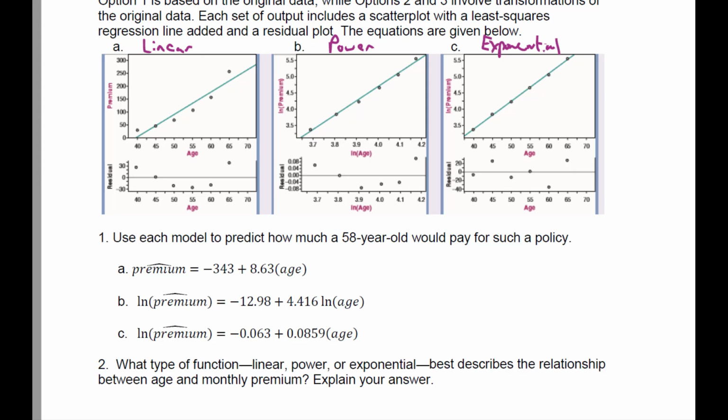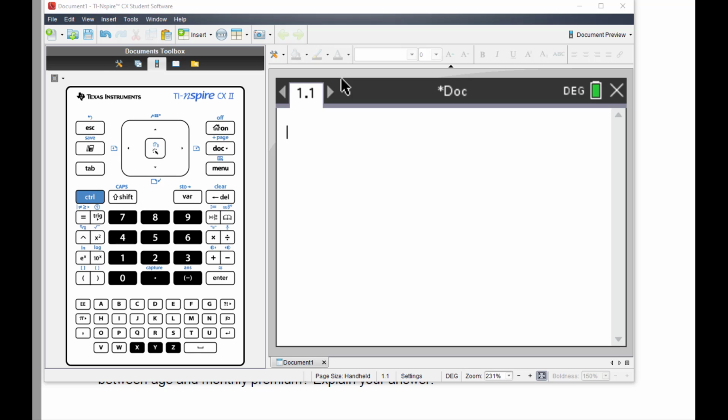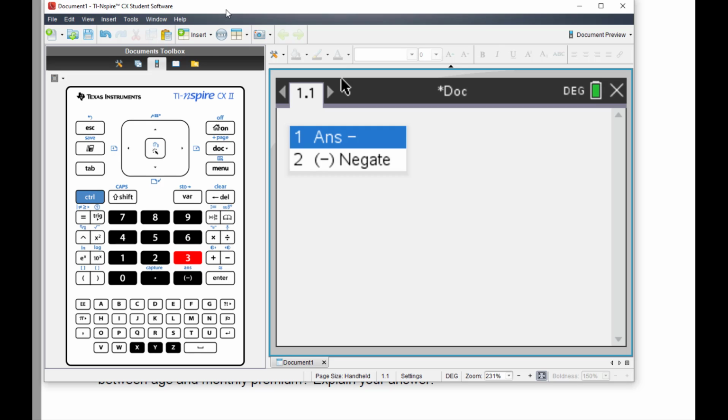Now we're going to solve each one of these equations by plugging in 58 for our age. So if we put in 58 for A and do the calculations, let's see what we get. We had negative 343, plus 8.63 times 58, in which case I got 157.54.